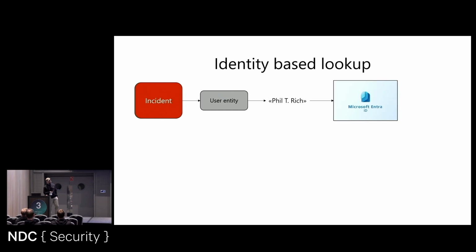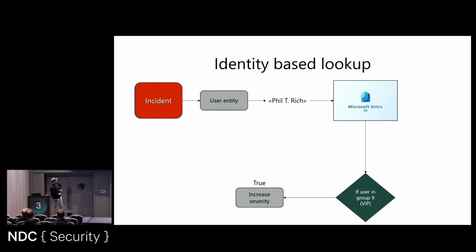You can query Entra ID, and you can say if the user is in the VIP group, or if the user has a certain risk, or if the user is in the admin group, we can increase the severity, because if it's an attack against a C-suite or an admin user, then that might be more severe than attacking Mark in marketing, because he might not have the access to do very many scary things in the beginning. Yeah.